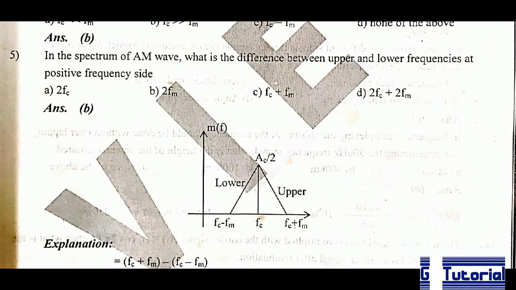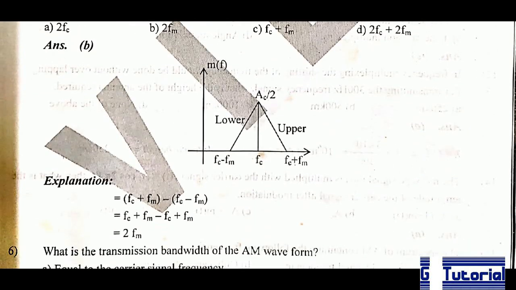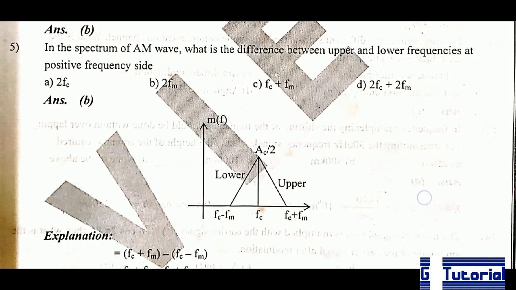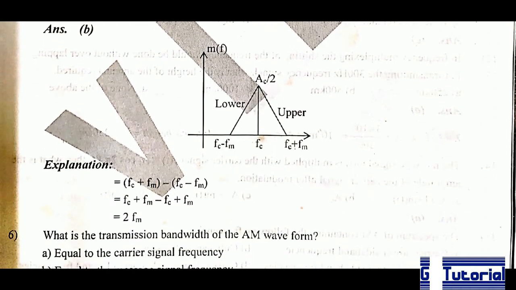We are asked to find the difference between the upper and lower frequencies at this positive frequency side. So upper frequency is Fc plus Fm minus (Fc minus Fm), which is the lower side. So minus of Fc, minus into minus is plus Fm. So Fc and Fc get cancelled. Fm plus Fm is 2Fm. So the difference between upper and lower frequencies at positive frequency side is 2 times Fm.